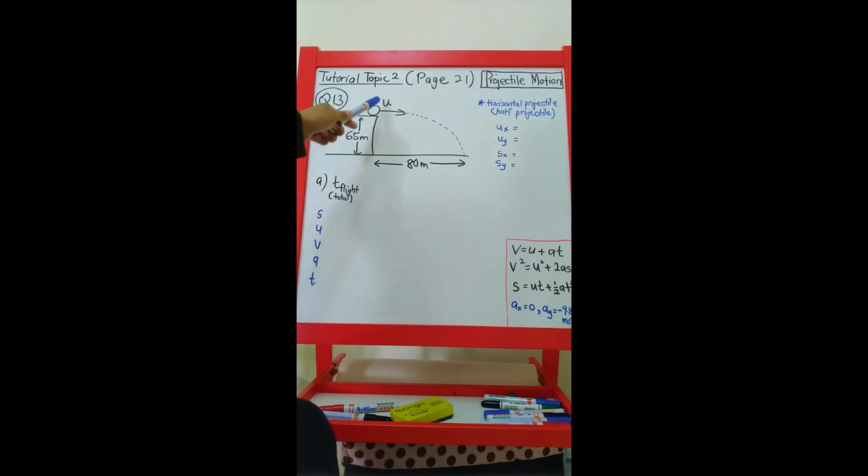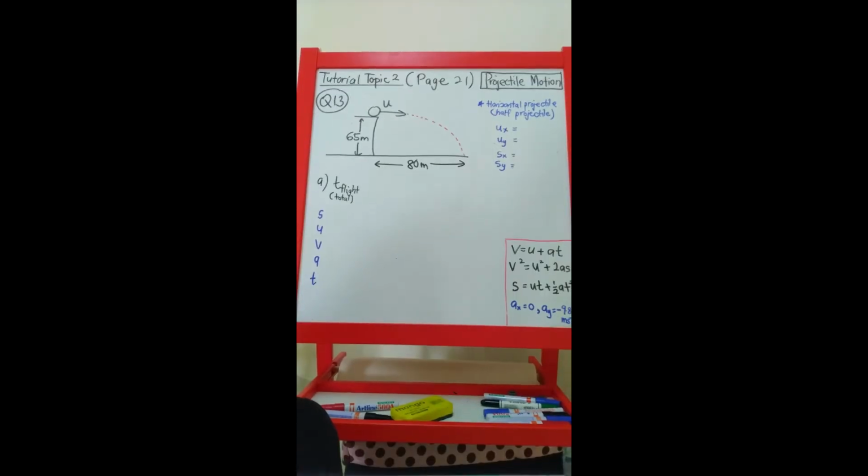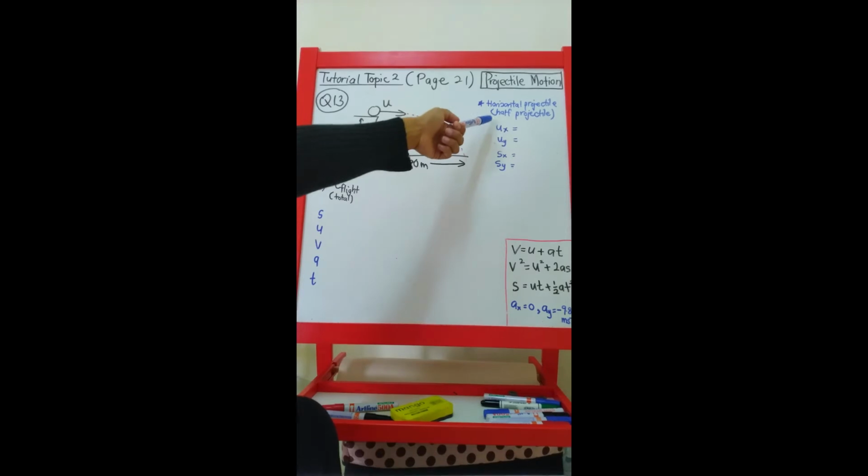So first of all, it gives you this symbol of U here, and the arrow which indicates the direction of the initial velocity. As you can see, the arrow is straight horizontally. Therefore, we can conclude that this projectile is a horizontal projectile, or some of you might call it a half projectile.